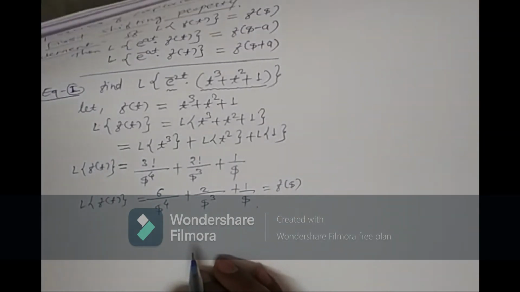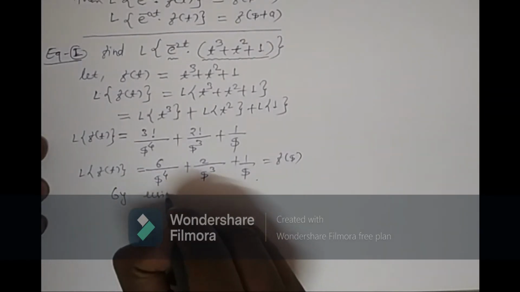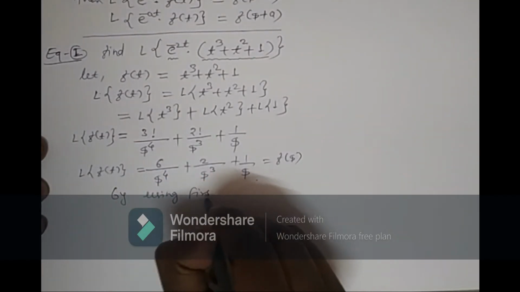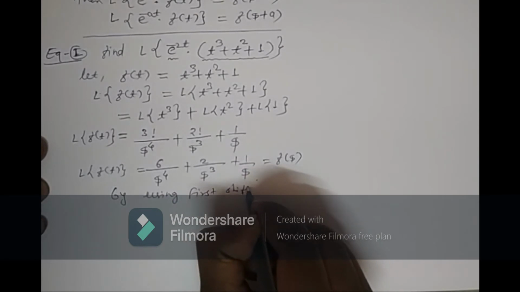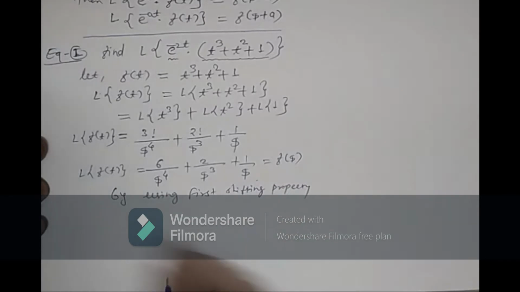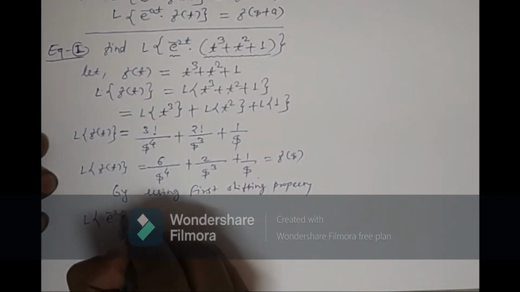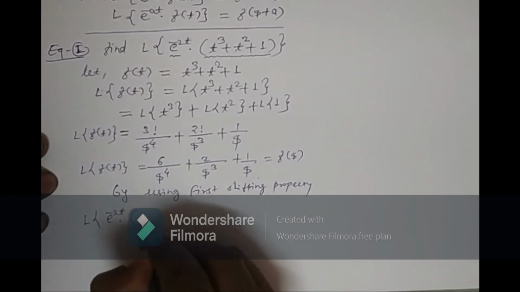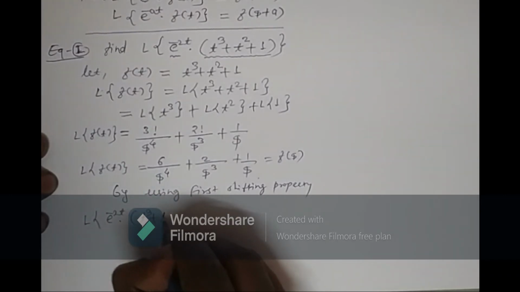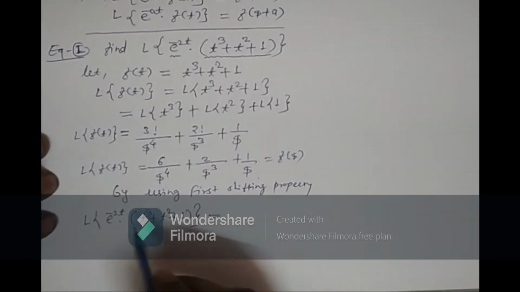So now by using the first shifting property, Laplace transform of e raised to minus 2t into t cube plus t square plus 1 is equal to, okay, so we have just calculated the Laplace transform of this.